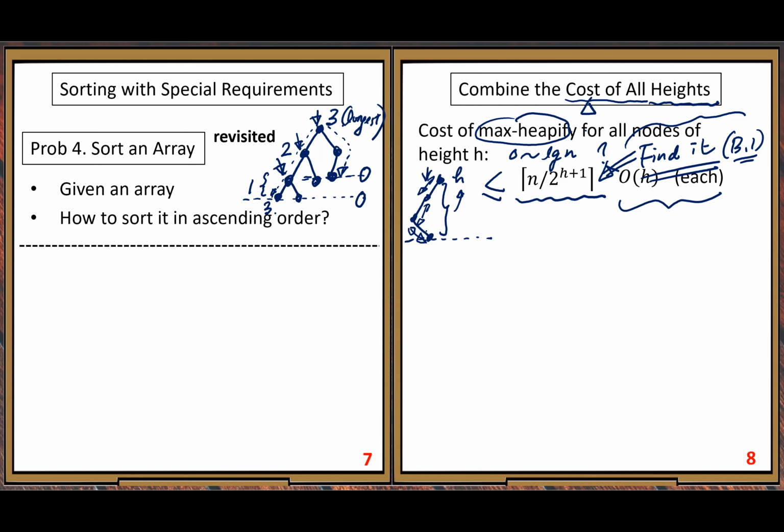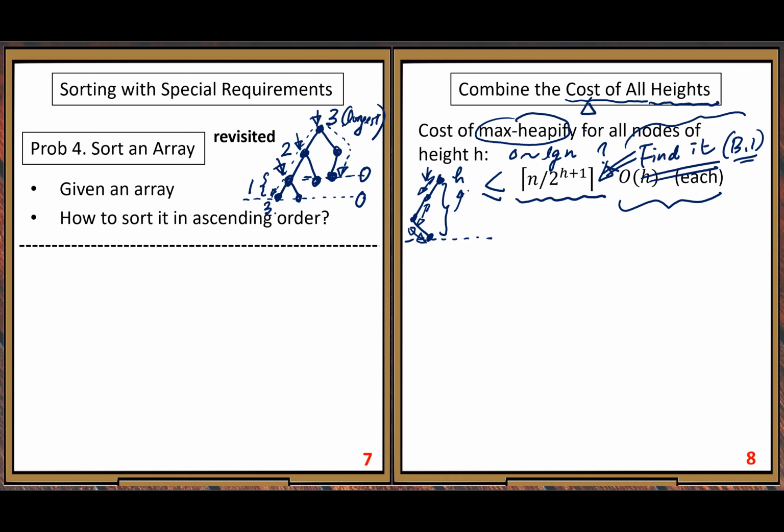If somewhere in the middle we notice that there is no violation, then we stop. Only when we detect a violation do we continue the swap operation. If you recall the max heapify operation, we did it that way.